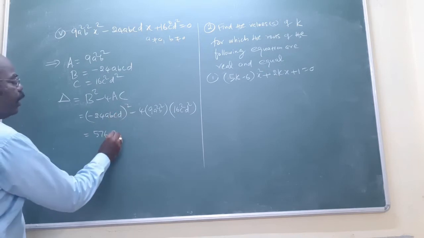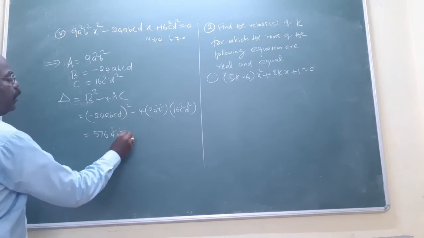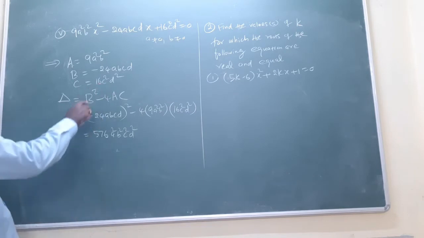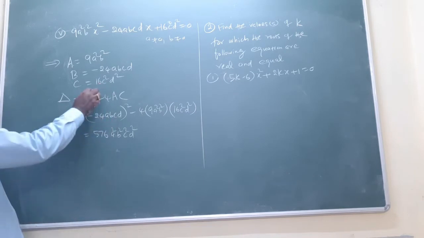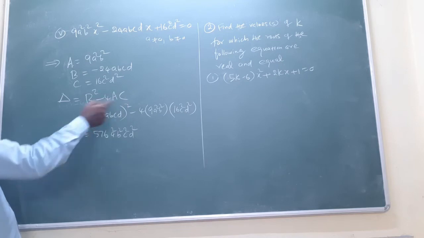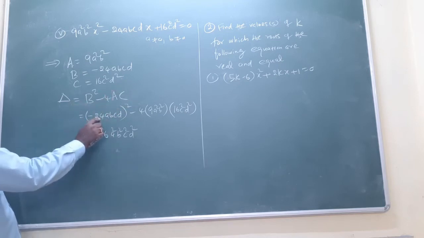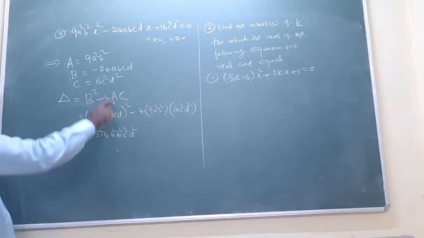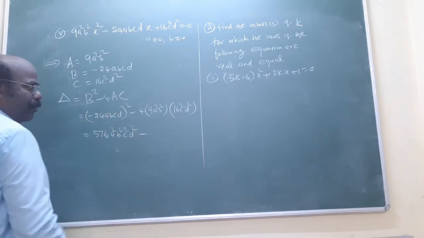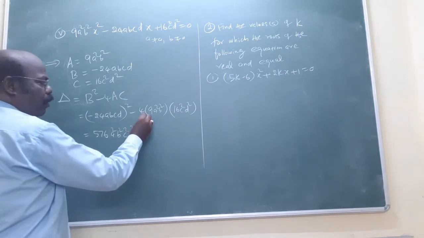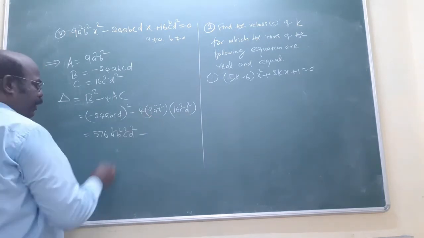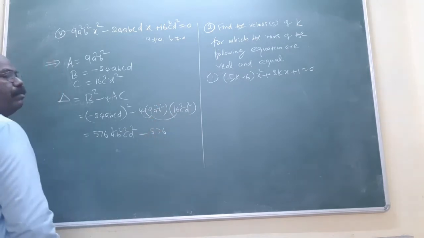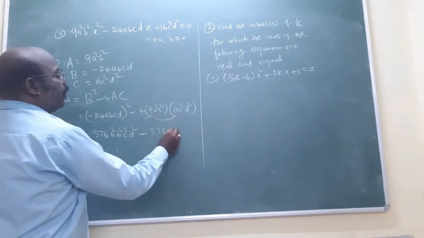A having square, B having square, C having square, D also having square. Am I right? The whole square. The negative square is plus 24 square, 576 a square b square c square d square, minus. Now multiply the numbers: 4 nines are 36, 36 and 16, 576, then a square b square c square d square.